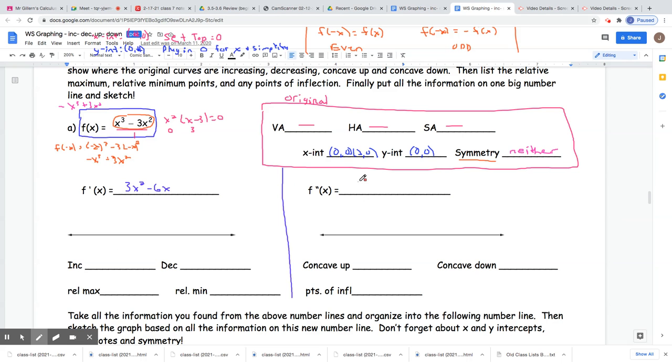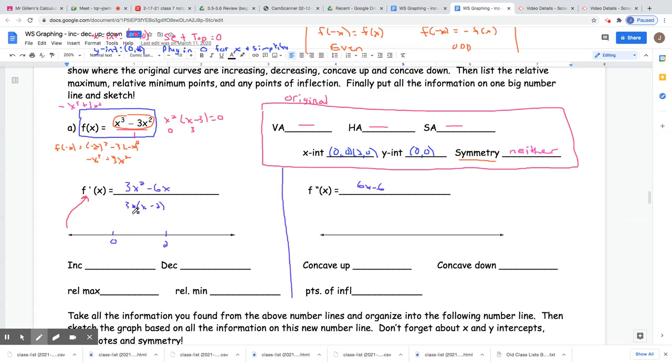All right, let's see here. 6, 7. So the first derivative is 3x squared minus 6x. Set that equal to 0. Take out a 3x, I get x minus 2. So my two critical values are going to be 0 and 2. We've done this many times. We now plug into the first derivative.